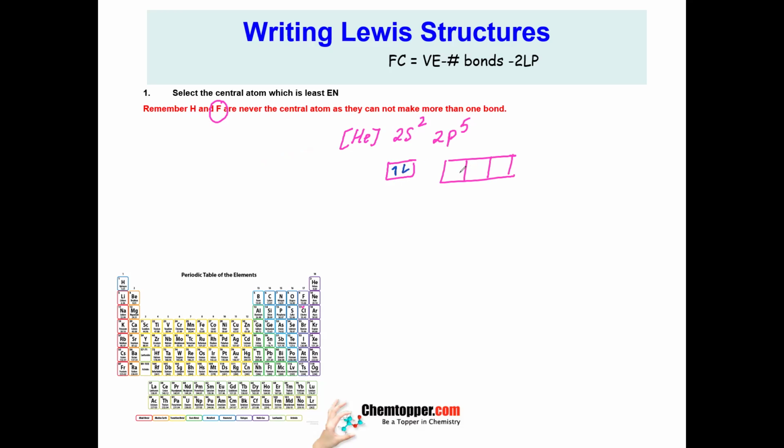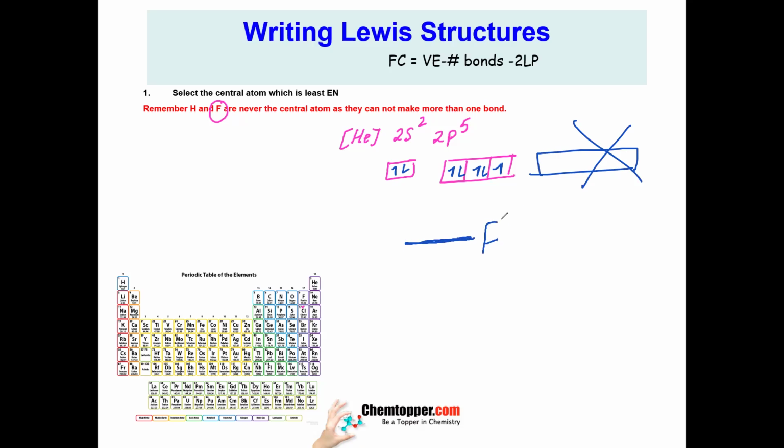So maximum fluorine can make how many bonds? Only one. Can I have an excited state? Can I have an electron in the d subshell? No, because there is no empty d orbital. So fluorine will always be with one bond pair.